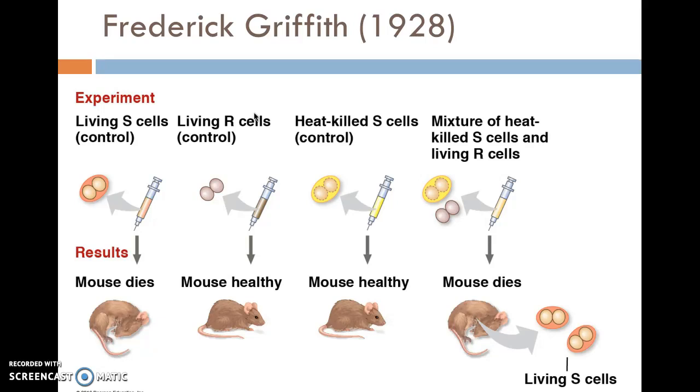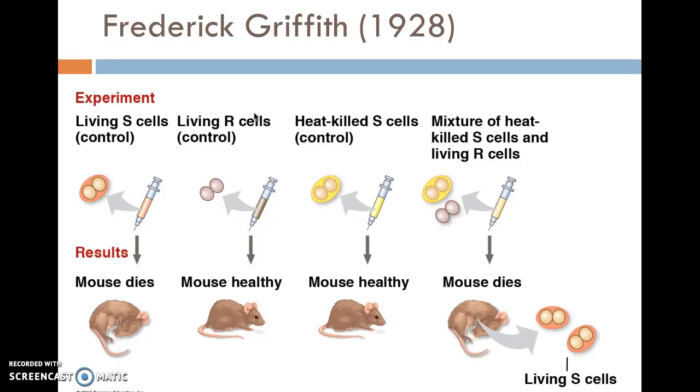The other strain, which is non-pathogenic, meaning it does not cause pneumonia, is the R strain. He also injected a mouse with the R strain. The difference between the two is that the R strain doesn't have a capsule around the cell. You might need to look up what a capsule is on a prokaryotic cell. The R strain does not have it, and it does not cause pneumonia.